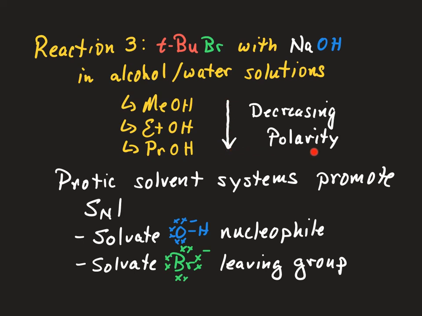So we're looking at the effect of the polarity of the solvent system on the reaction. Now, these are all protic, which we know promotes SN1 because it tends to solvate the nucleophile and slow it down, and it tends to solvate the leaving group and therefore speed the leaving group leaving. Both of those tend to increase the rate of SN1 reactions.